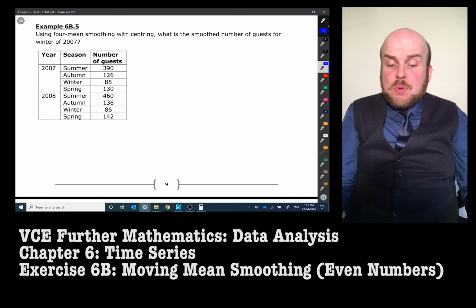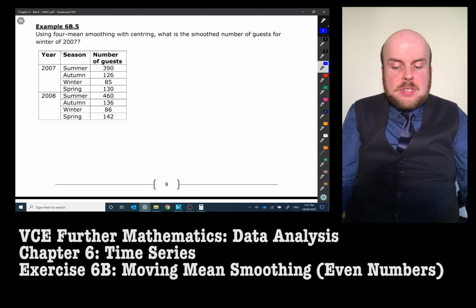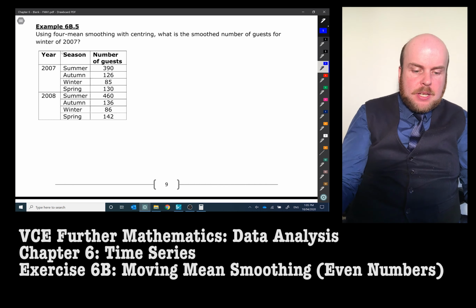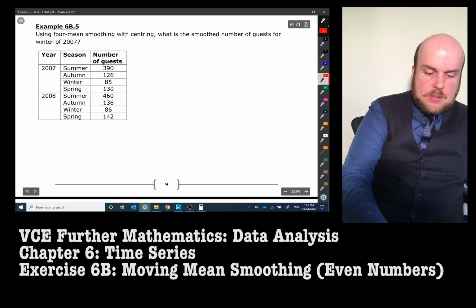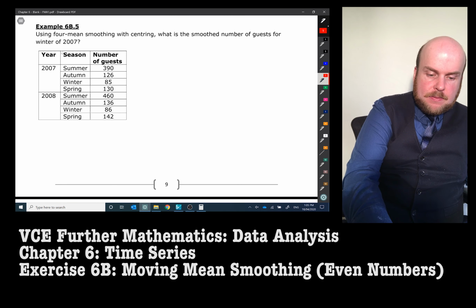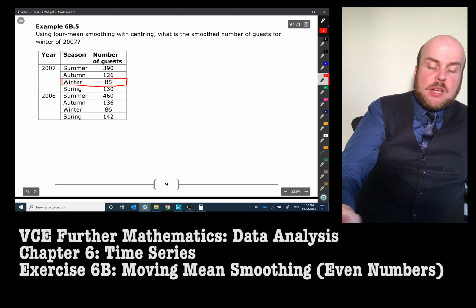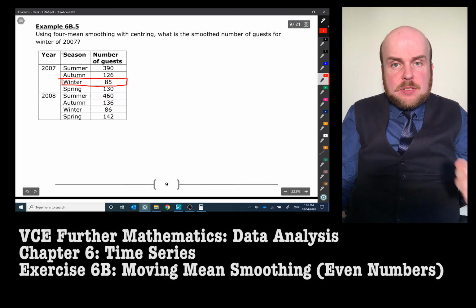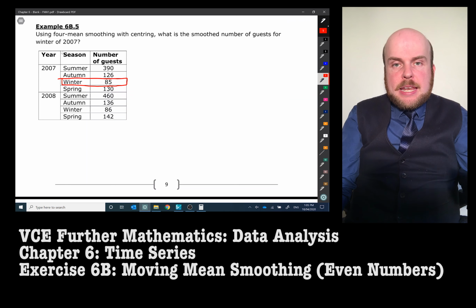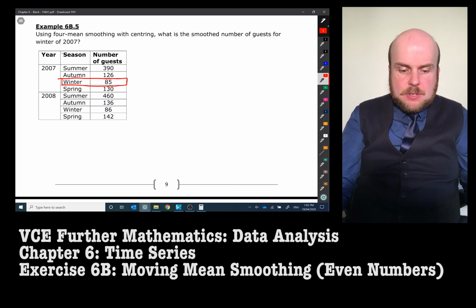Using 4 mean smoothing with centering, what is the smoothed number of guests for winter of 2007? Okay, so let's find where winter 2007 is. So there's winter. For 4 mean smoothing, just like our previous example, it needs to be in position 2 and in position 3.